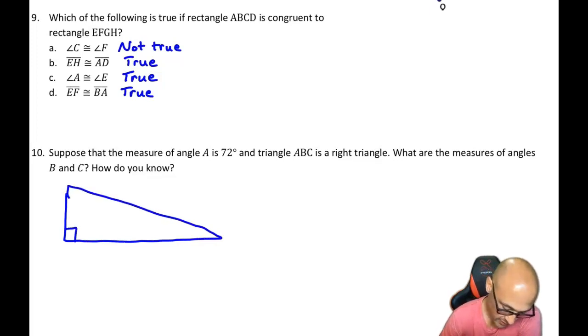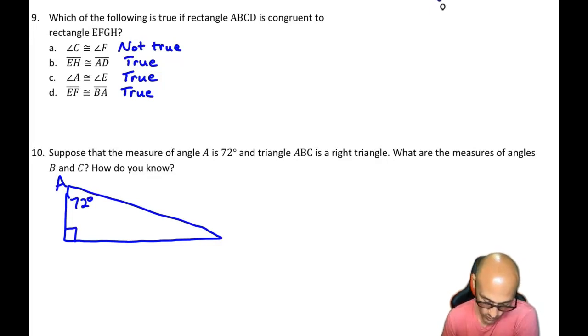So this is a 72 degree angle, and that is angle A. So which one is B and which one is C? What are the measures of angles B and C? How do you know?